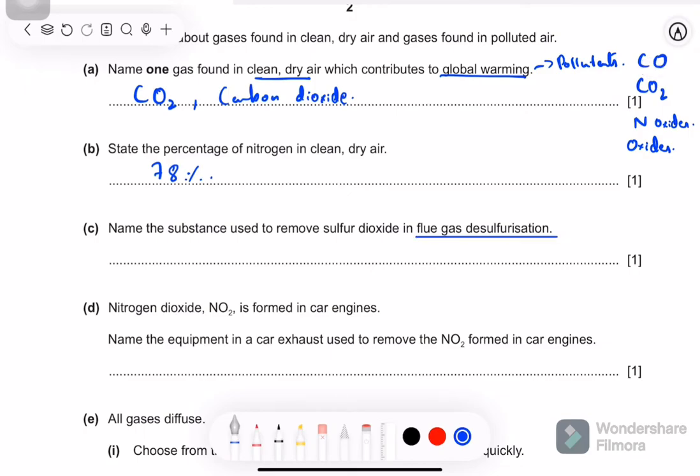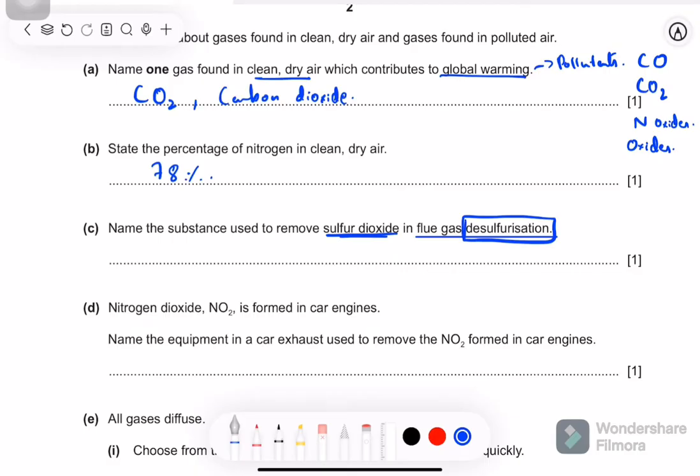Now what is this? When we burn fossil fuels, coal for example, it contains sulfur. So when we burn it and it reacts with oxygen in a combustion reaction, sulfur dioxide and sulfur trioxide are produced. To minimize that, to reduce the sulfur dioxide, we have flue gas desulfurization. Desulfurization is self-explanatory.